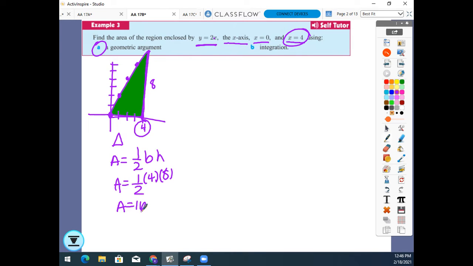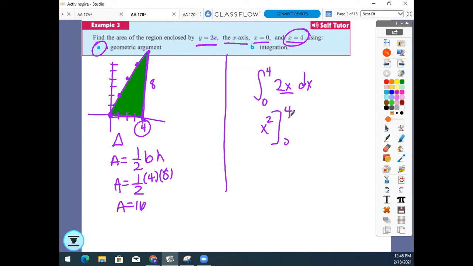Okay. Now, we're going to define the same information using integration. Every time you hear the word integration or integrate, you need to write the integral symbol. We're going from 0 to 4 of the function 2x. So I just need to do my power, add 1 and divide, which is just x squared because the 2's will cancel.